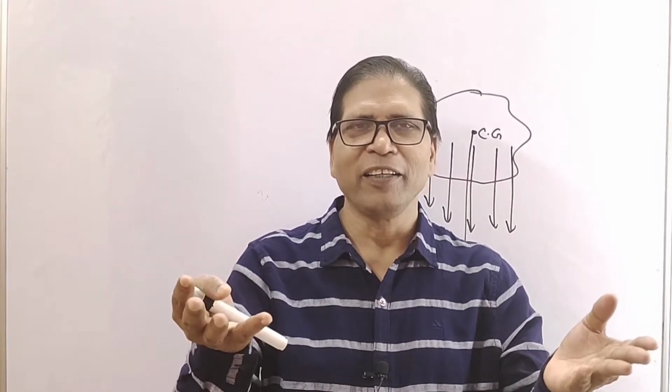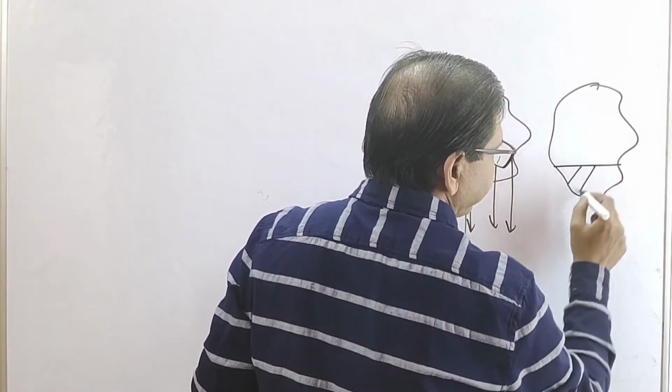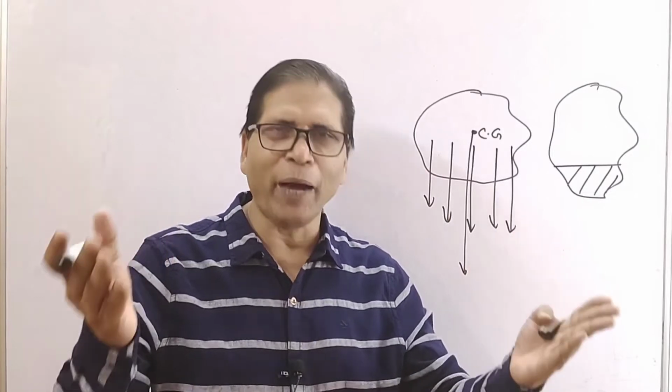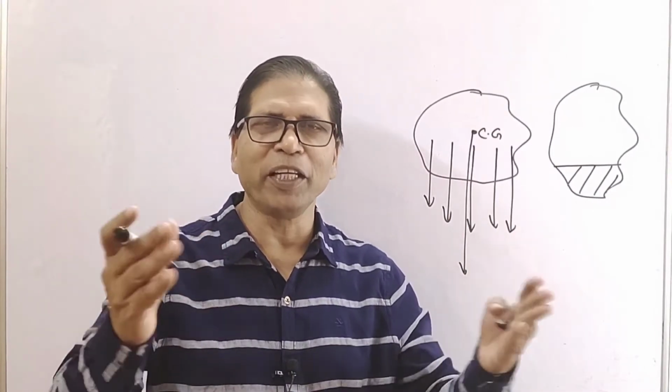Now a numerical. Suppose this is a body. If some portion of the body is cut from here, we have to calculate the center of gravity or center of mass of the remaining portion.